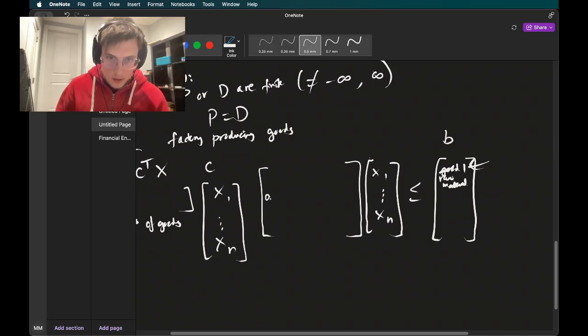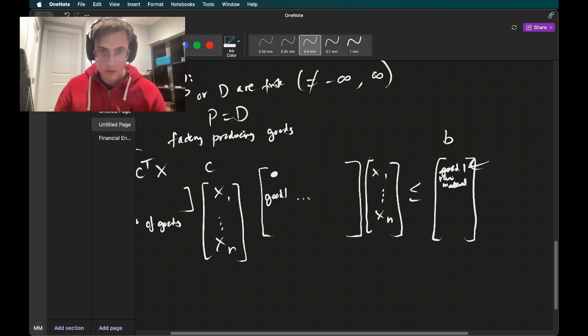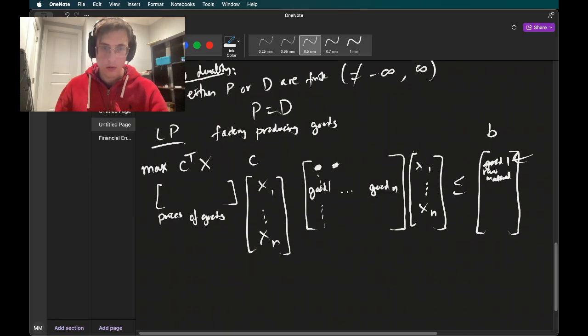So then, in order to produce good 1, we need this much raw material, and then in order to produce good 2, we need this much raw material, and you can see that it multiplies, right? And then we go to good n. So this column right here is all the different materials we need to produce good 1. And again, we're trying to maximize the amount of money we make.